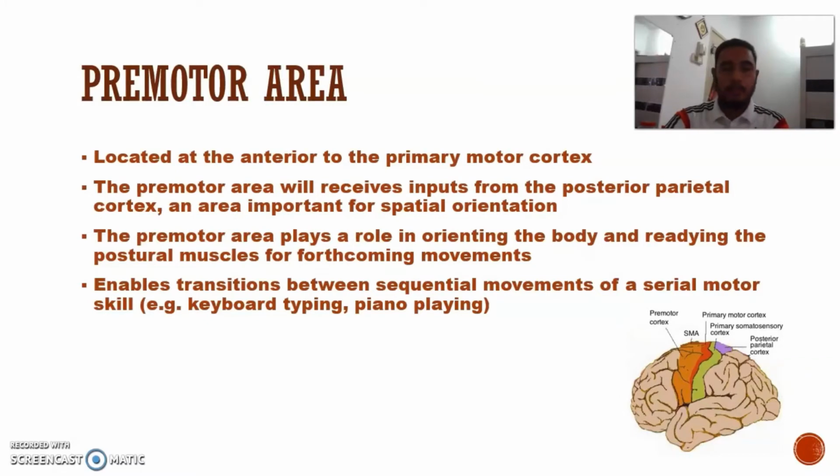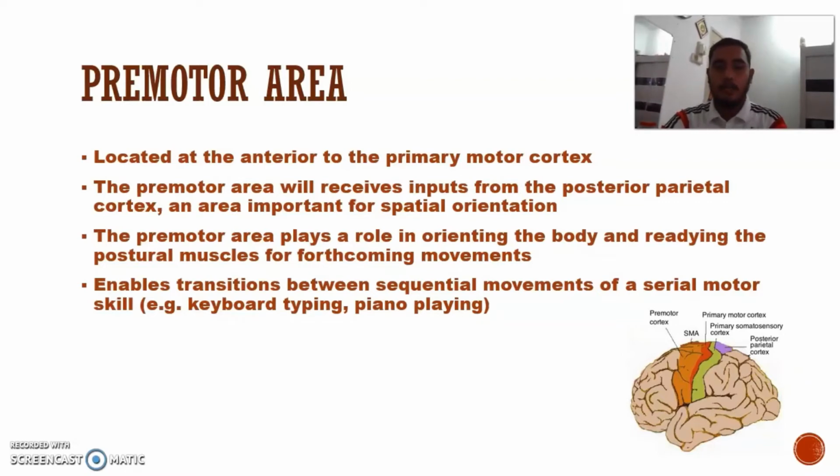Okay, next we go to the premotor area. The premotor area is located anterior to the primary motor cortex. It receives input from the posterior parietal cortex, an area important for spatial orientation.